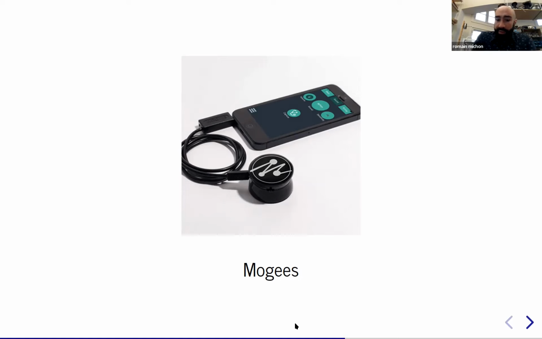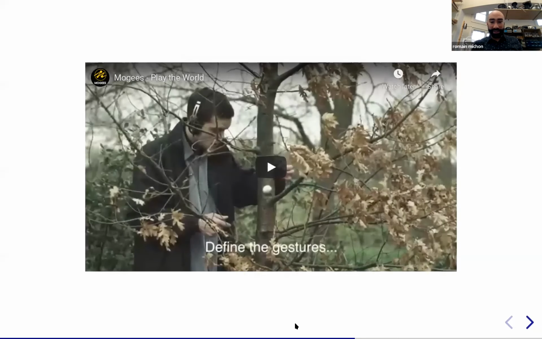This is another startup called Mojis, and I think it doesn't exist anymore. There is a really sad truth about our field: if you make a startup to make music technology, your chances of failure are pretty high. Most of the startups that I'm talking about actually stopped.